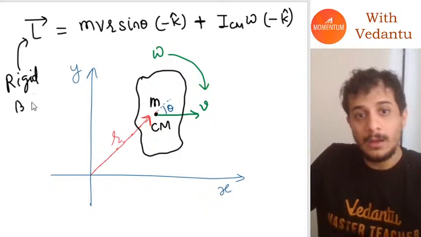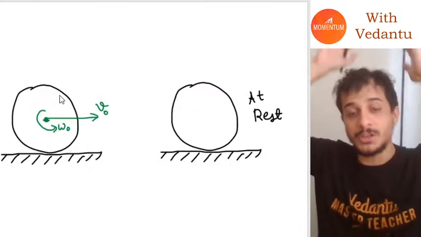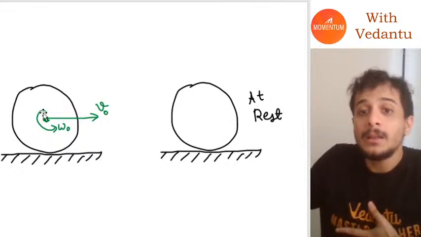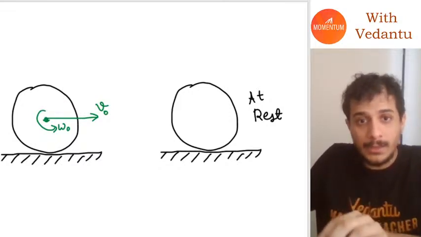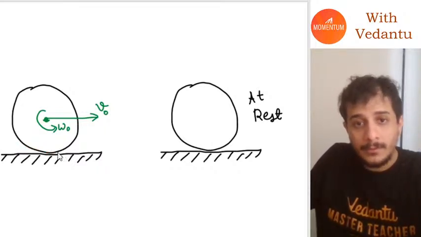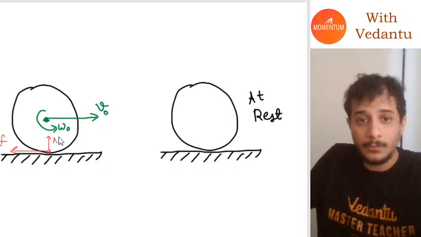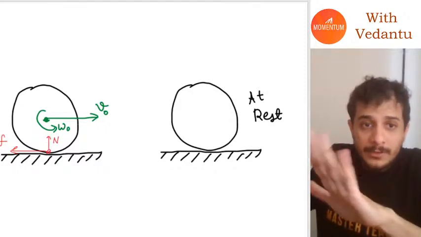Okay, now remember this, guys. Now coming back to this question, if I look at this question, on this body there is just a force at the bottommost point. It's a frictional force, and there is another force, the normal reaction, at the bottommost point. There are no other extra forces.